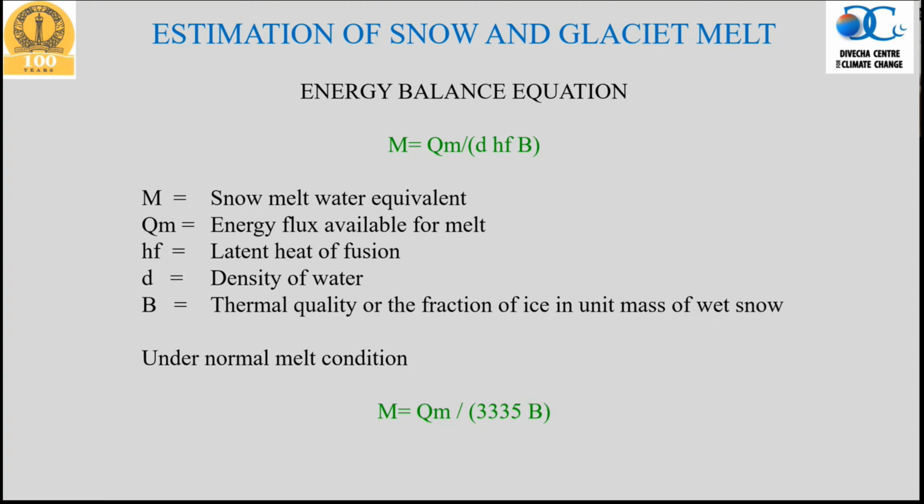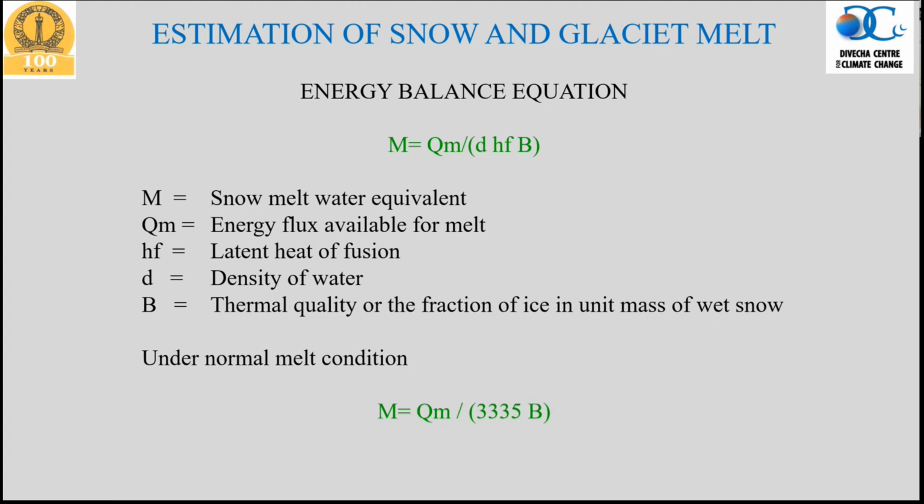If you look into the equation, it is the energy balance equation, to begin with. It is very easy, essentially because the melt, or M in this case, is the melt water equivalent, a function of Qm, the energy flux available for melt.